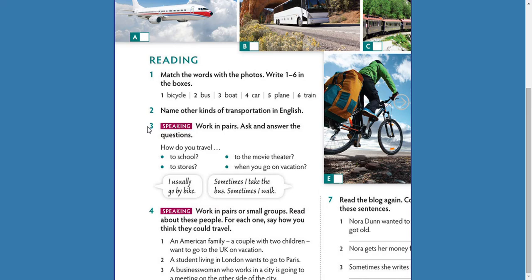Okay, it's an example. How do you travel to the movie theater? I travel to the movie theater by car. How do you travel when you go on vacation? Okay, when I go on vacation, I travel by plane. Okay, listen, those are my answers.